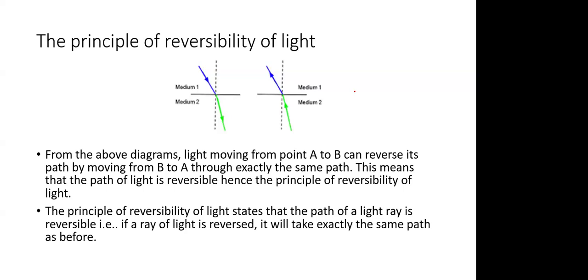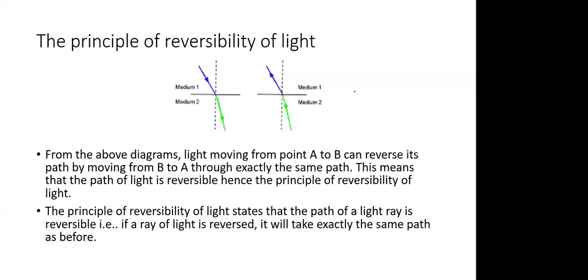Now, the same thing happens to light. When light takes a given direction, or when you move from Kampala to Jinja, you can use the same route from Jinja to Kampala. That's what we call reversibility. When you go from home to school, you can easily come back using the same route from school to home.